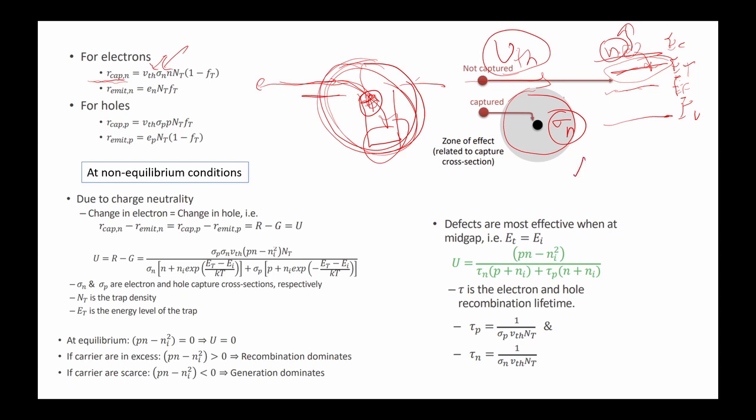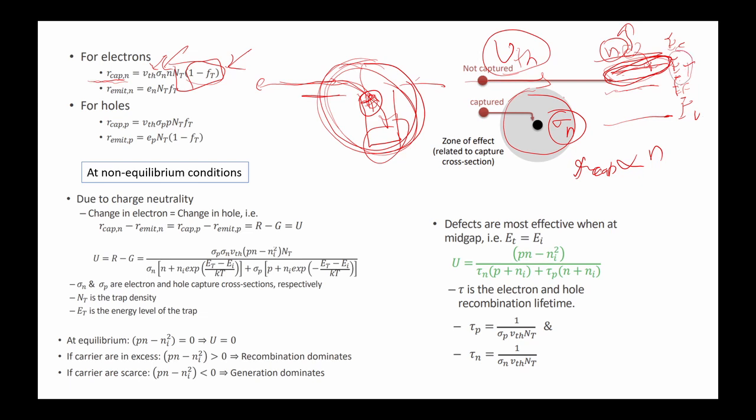So this R cap is proportional to n, which is the number of electrons in the conduction band that we have already calculated, and Nt into 1 minus ft. 1 minus ft is the probability of this state being empty, because for an electron to fall from the conduction band, this state should be empty.